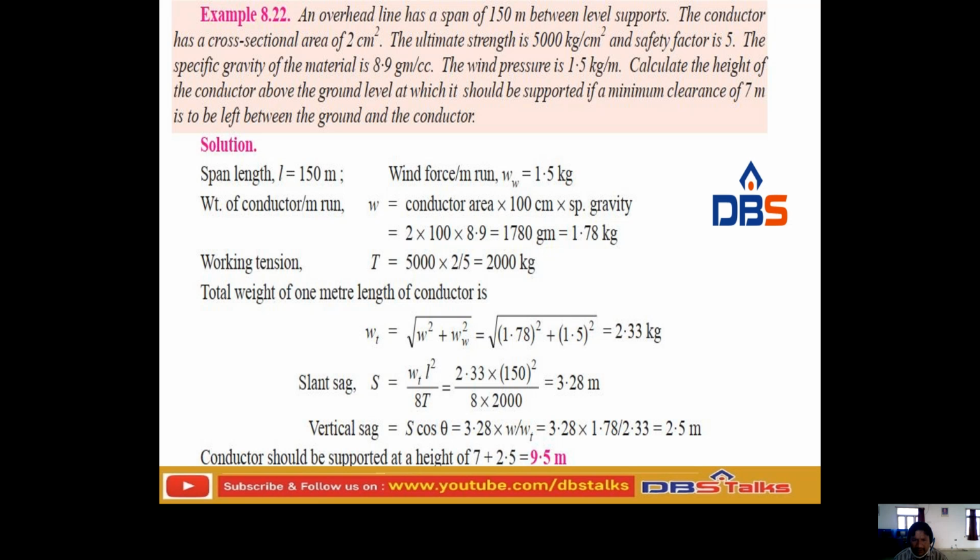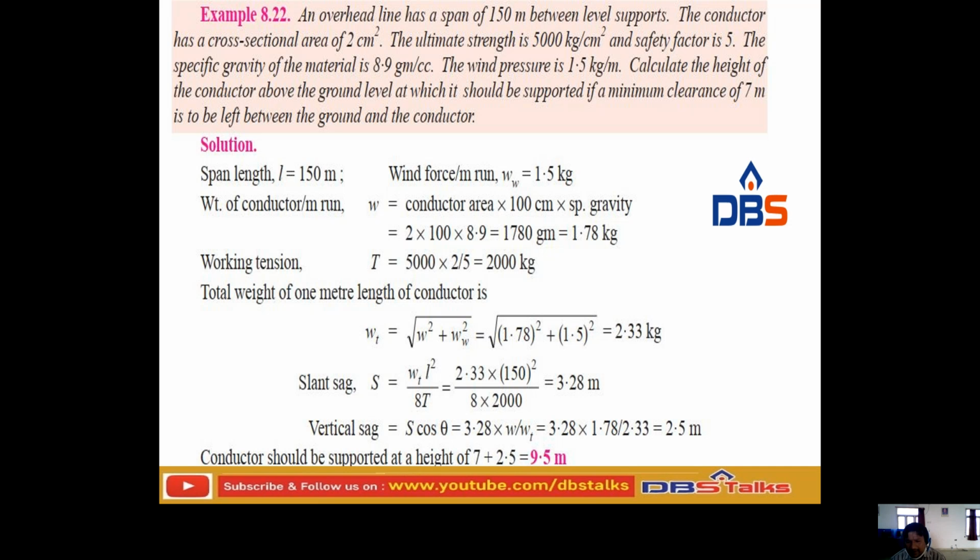Span length L is equal to 150 meters. Wind force Ww is 1.5 kg. Now the weight of the conductor is not given directly. So the weight of the conductor is equal to the conductor area multiplied by 100 centimeters multiplied by specific gravity.